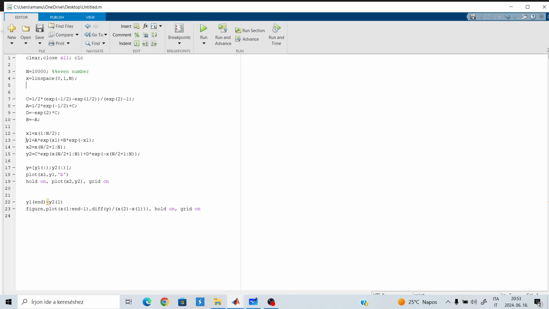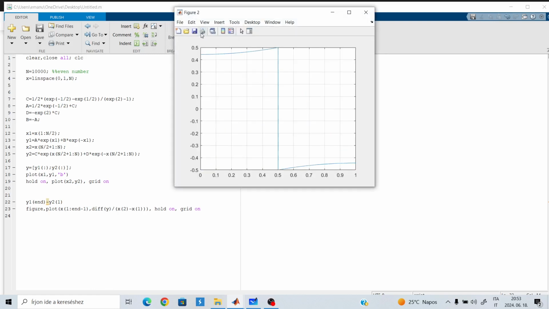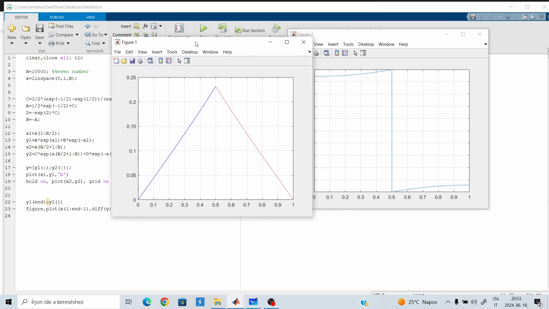So y1 will be the function in the interval from 0 to 1/2, and then I have the function y2, which is defined in the interval from 1/2 to 1. And then I put them together, I draw the plot, and also I plot the derivative, which is discretized with this code here. I will not get into the details of the code.